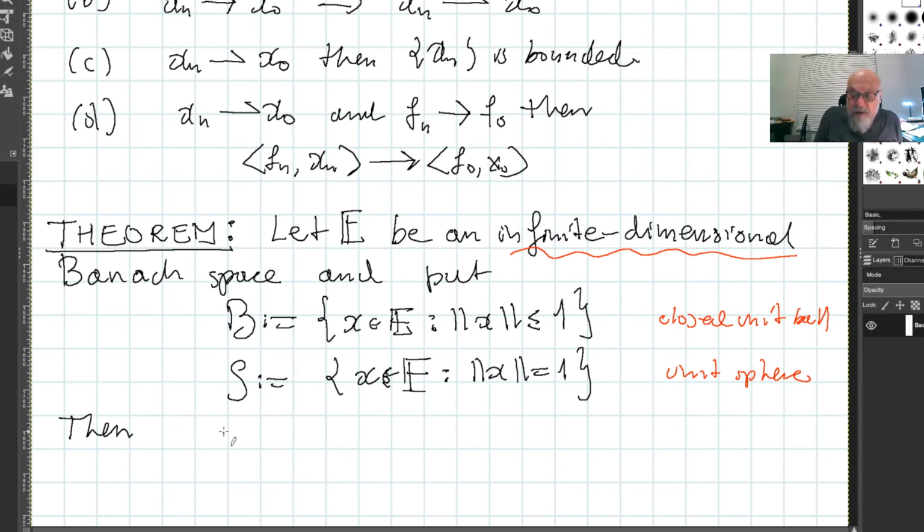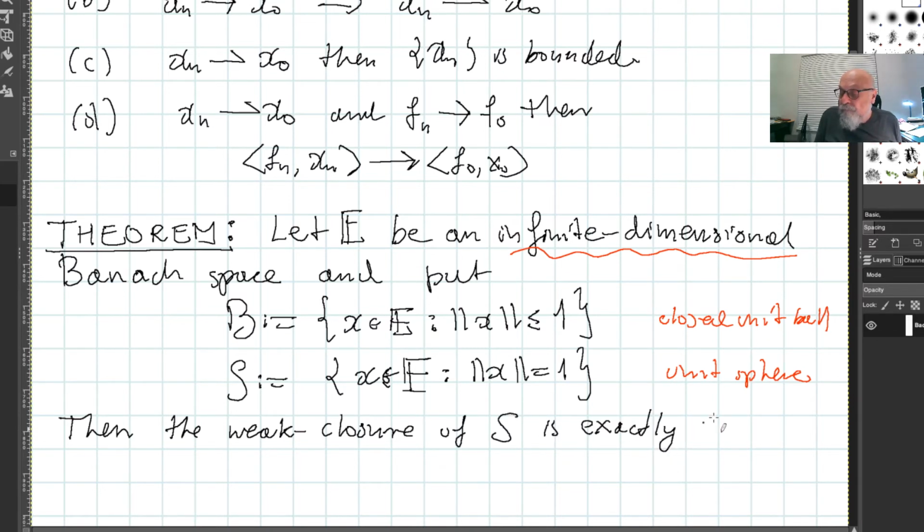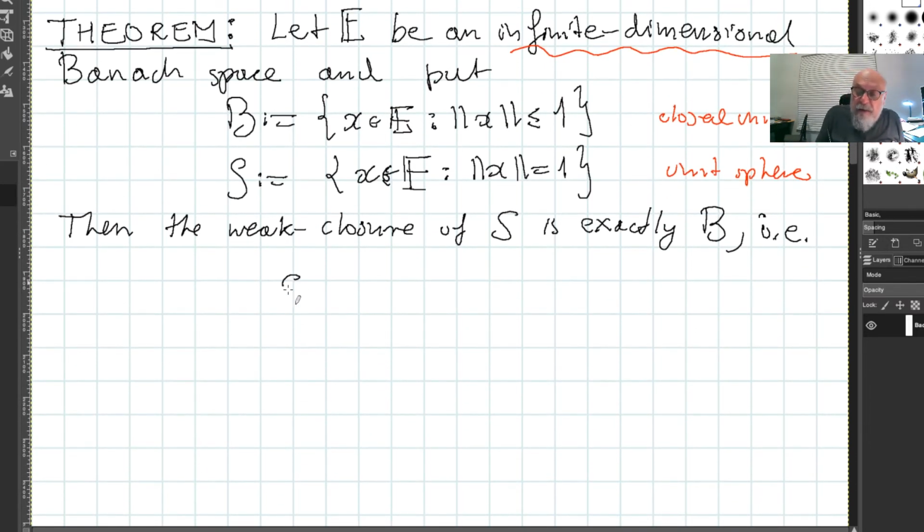Then the weak closure of S is exactly B. Let me write it using symbols: this is my S, I take the closure and put here little w, as you notice I'm using w to say weak, and this will be exactly equal to B. Okay, let's do the proof.